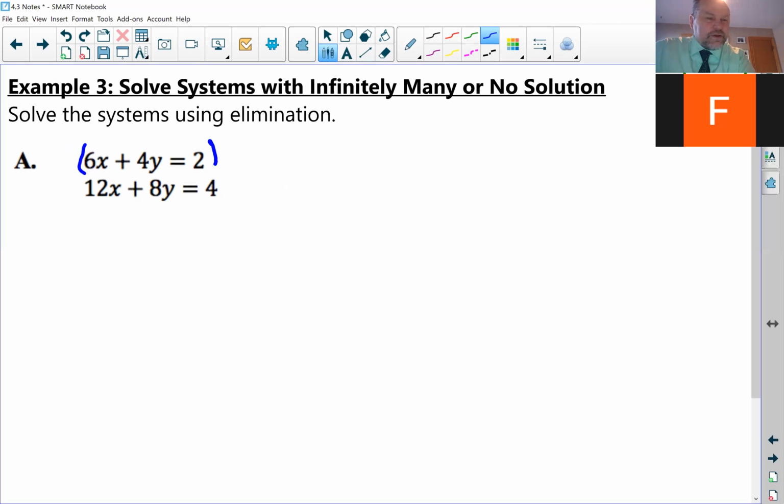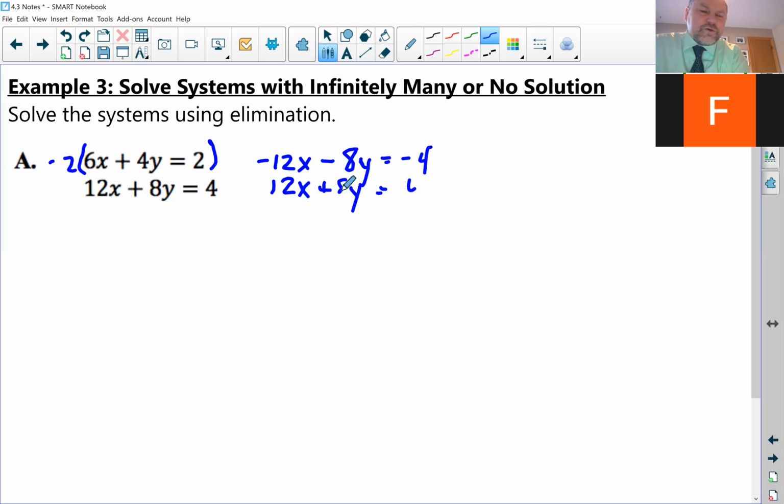So I would multiply by negative 2 on my top equation. Negative 12x minus 8y, or plus negative 8y, either way, equals negative 4. And 12x plus 8y equals positive 4.